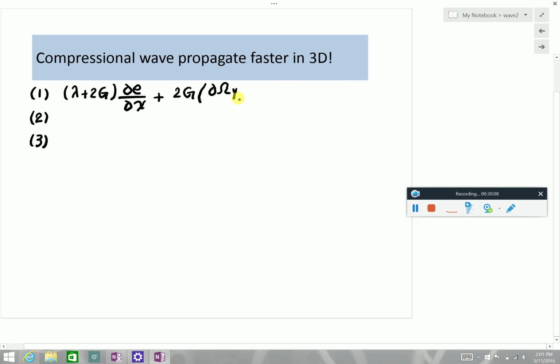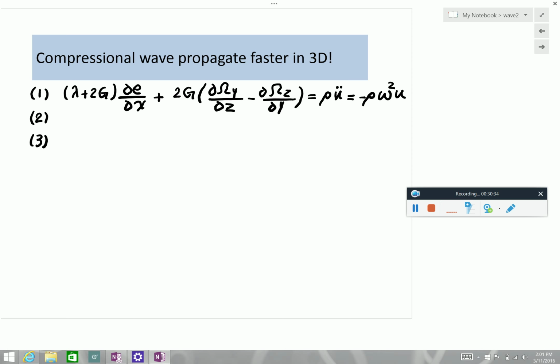So the derivative of omega y with respect to z minus the derivative of omega z with respect to y. And this would be rho u dot, or negative rho omega squared u. And we can similarly write this for the other directions.